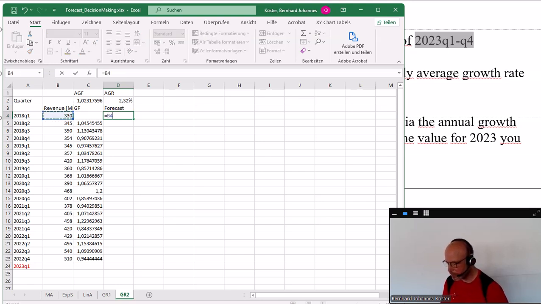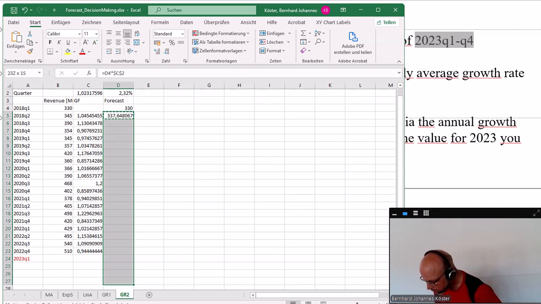Let's start also with the first value we have, and then we will move on now with the average growth rate. So this will be then this times this, and this we have to fix. And now we want to do all 4 quarters.